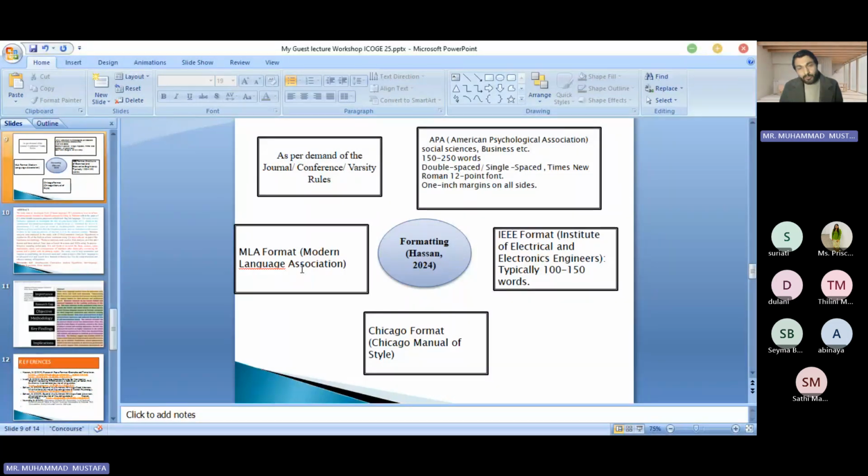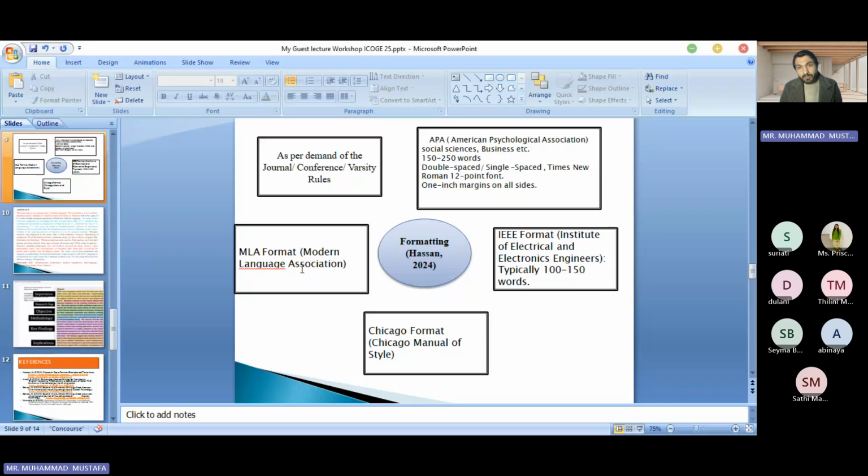Such formats are applied in electronics engineering, as the name shows. If a journal is asking for IEEE, we have to follow.